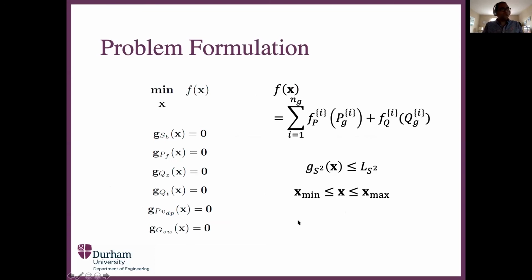Okay. Now, once you have everything in place, you then formulate your problem. Again, as I said, it's an optimization problem. You have an objective, and more often than not, the objective is just the simple cost of active power or reactive power generation, depending on the parameter of interest that you want to calculate.